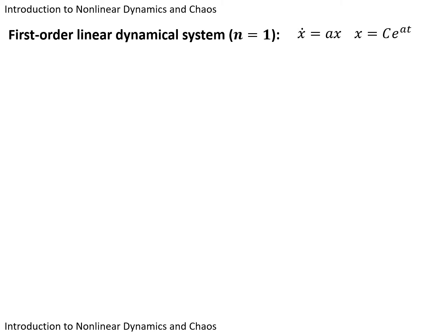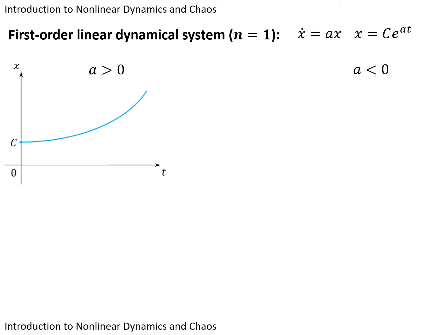Let's study the behavior of this first order linear dynamical system. We can have the parameter a positive or negative. When a is positive, then x, or the solution of the system, will grow exponentially.